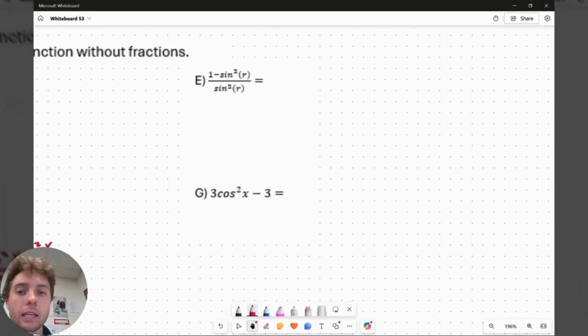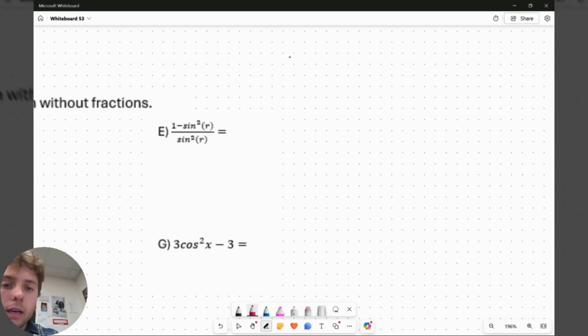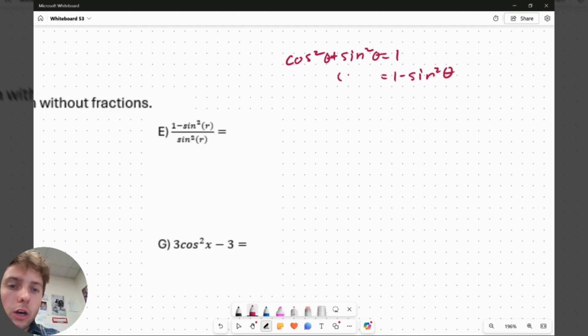Let's look at E and G now. Some more examples of how this might work. Okay, well, 1 minus sine squared. Well, if I know cosine squared plus sine squared equals 1, then I know that 1 minus sine squared would just be cosine squared, right?